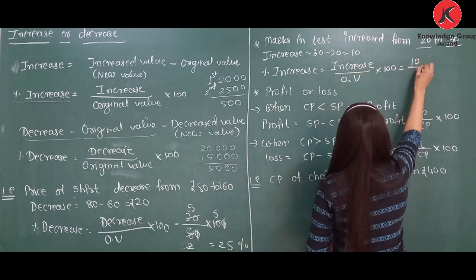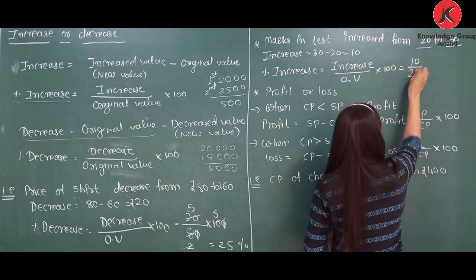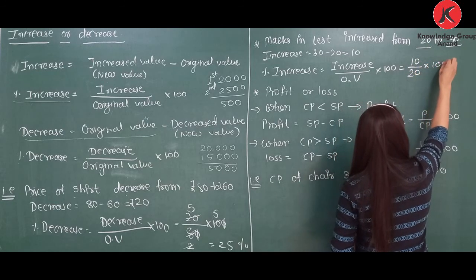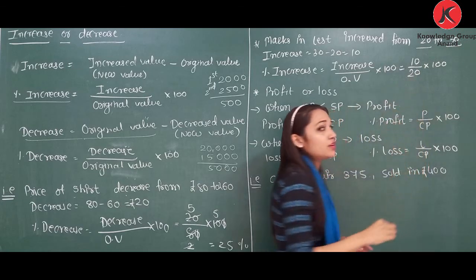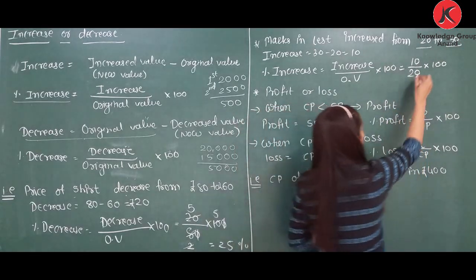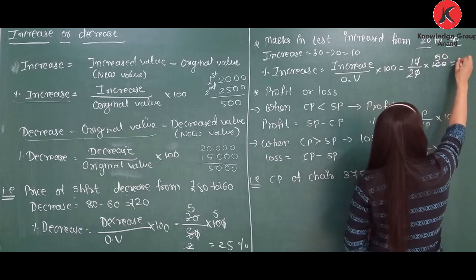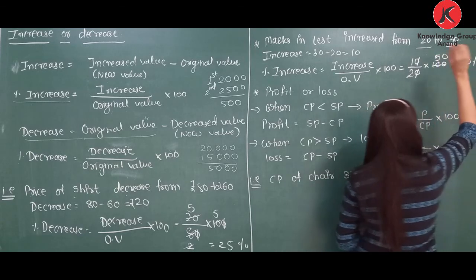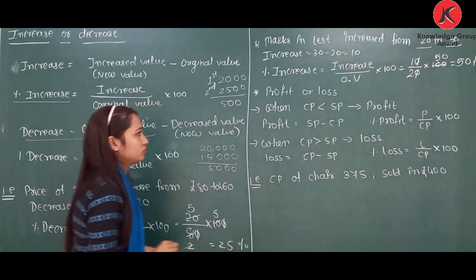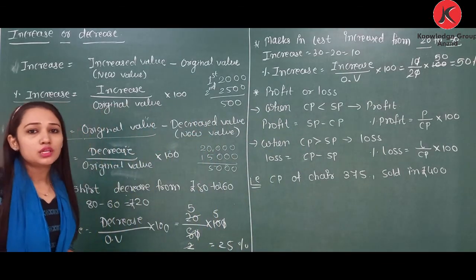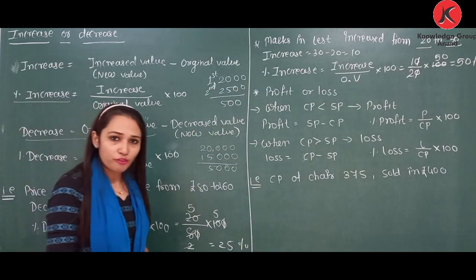So 10, the original value is what? 20, multiply by 100. From 20 it becomes 30, so 20 will be our original value. So 50% increase. Clear?